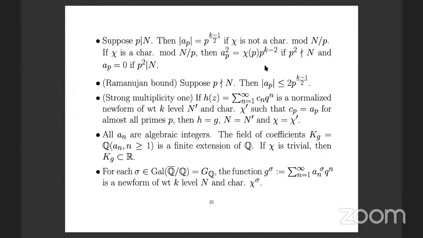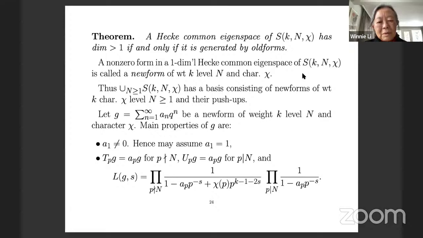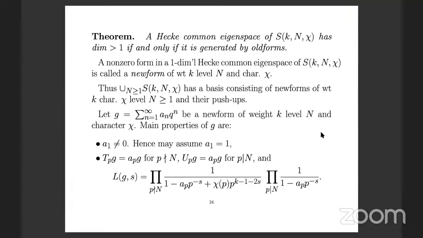Can you please go to the previous slide, slide 24? I'm sorry, I could not understand the theorem you mentioned on the first line. For example, if we take delta(z) and delta(2z), they lie in the same common eigenspace, right?